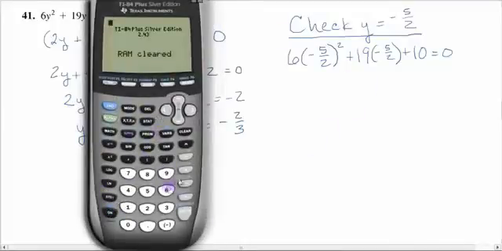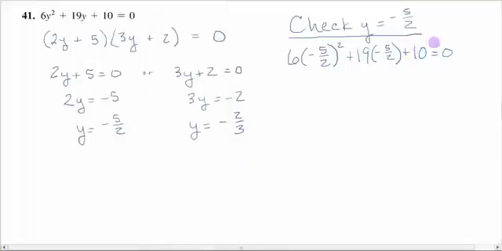So we would say 6 times parentheses negative 5/2 parentheses squared plus 19 times parentheses negative 5/2 close parentheses plus 10. And when we hit enter, it should equal 0 if we have it correct. And it is, so we know that that is correct.